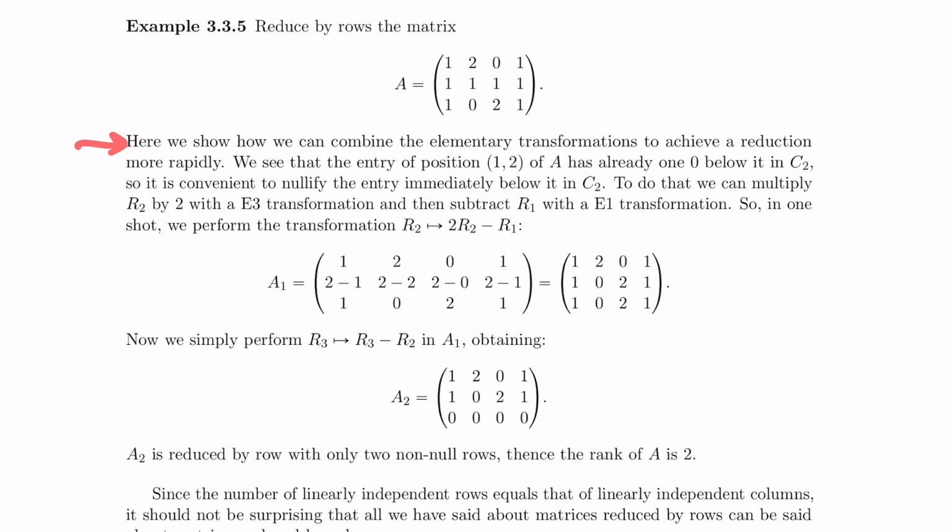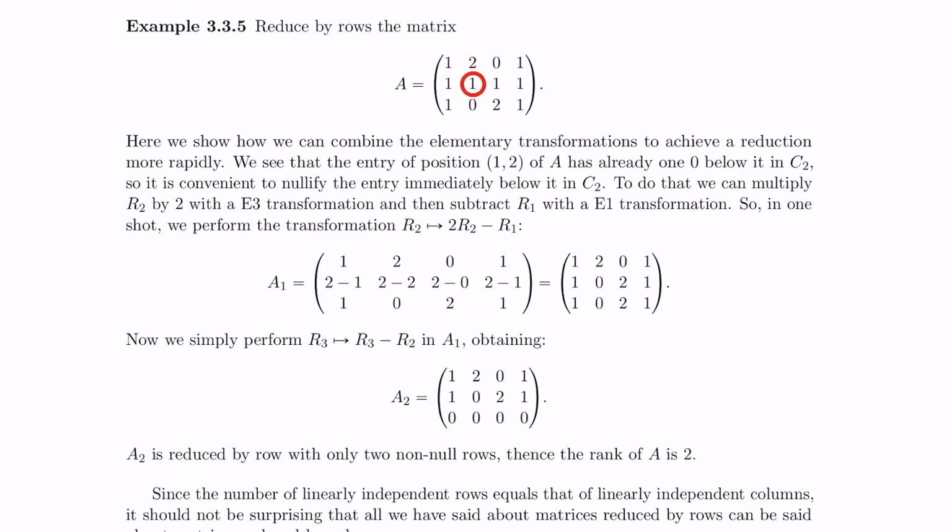Here I'm going to show you how to combine the elementary transformations to achieve a more rapid reduction by rows. First of all, by looking at the matrix, we see that it's convenient to turn this entry here into the special element of the first row, because we have already a 0 in the column in which it lies.